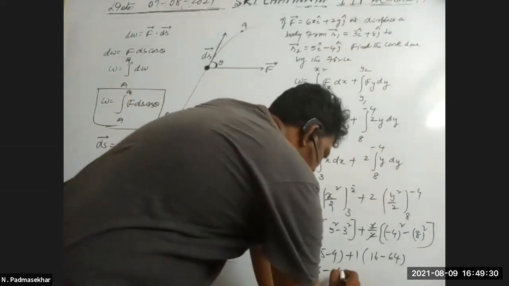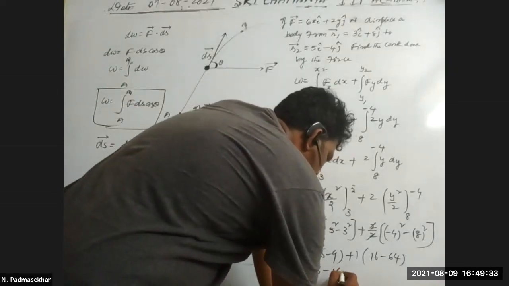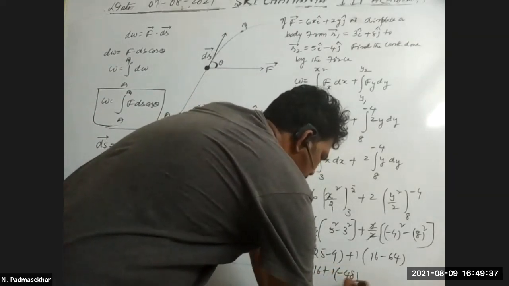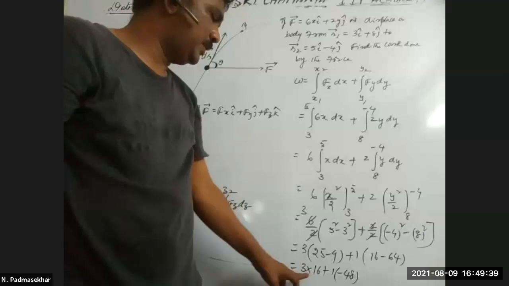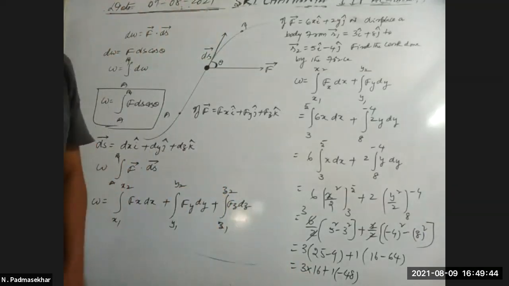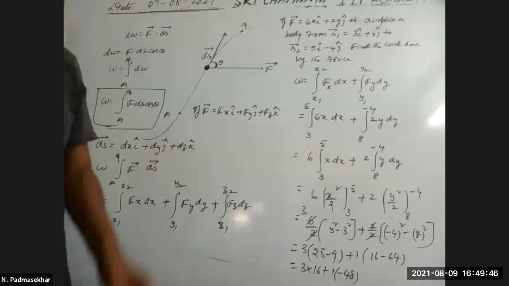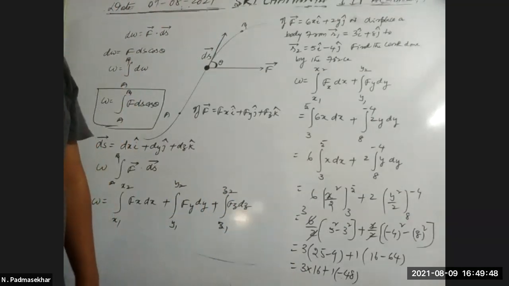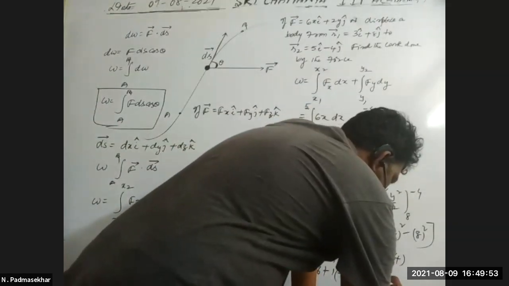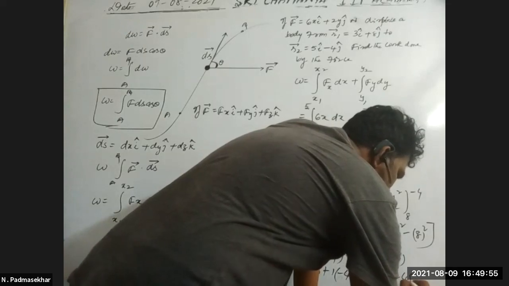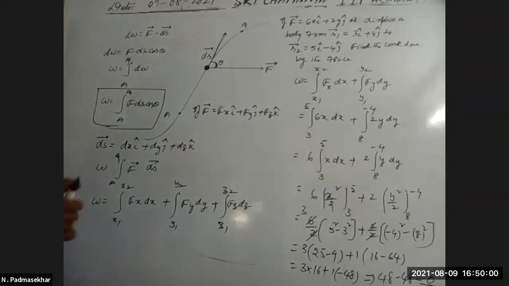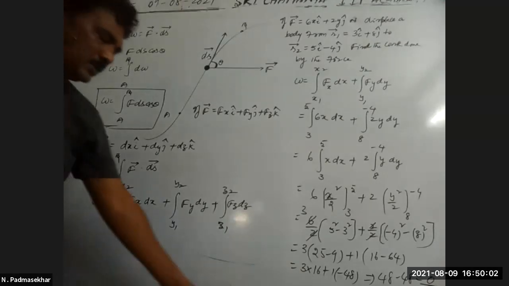So this is equal to 48 minus 48, that is 0. The work done is 0.